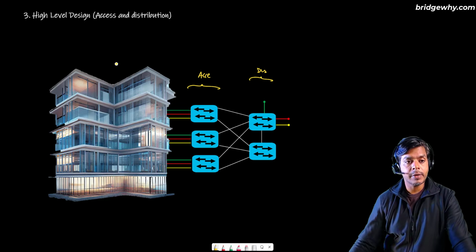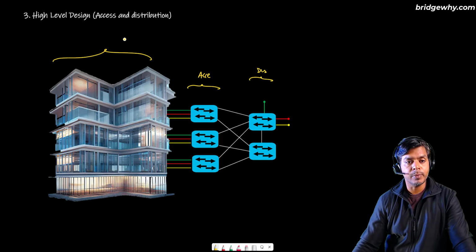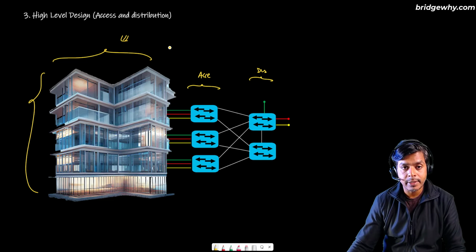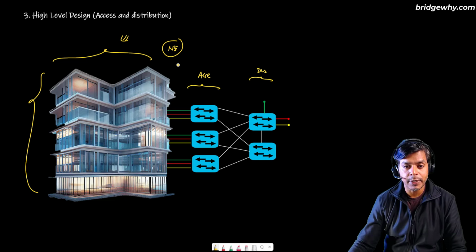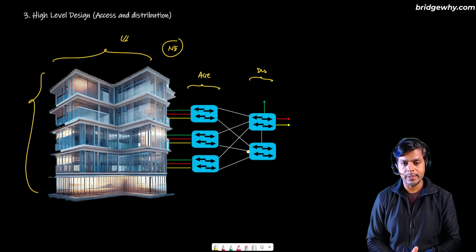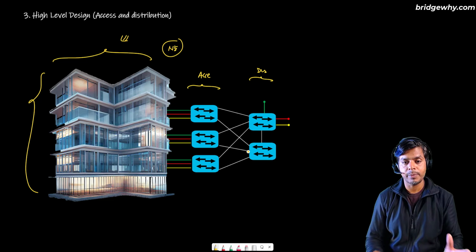But if you see here that we have this building, and many people just see this as a building, right? But a network engineer sees different networking devices in it. We have switches and routers, we have firewalls and so many other things.